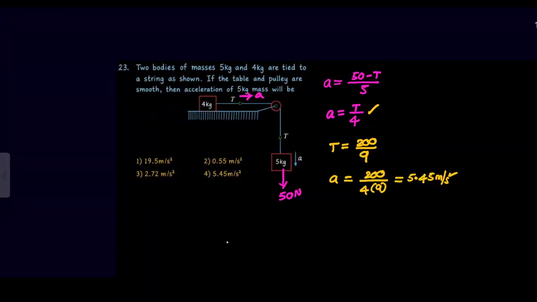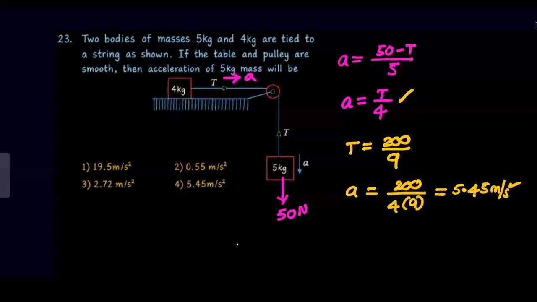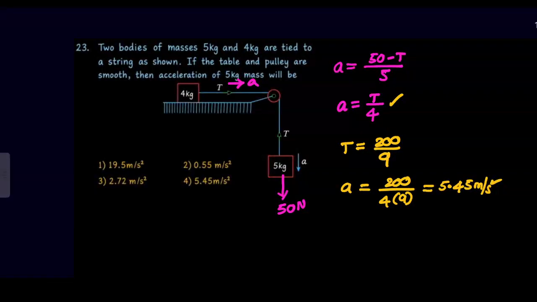But earlier we discussed one simple method. So this acceleration will be equal to what? Net force by total mass. So that is 50. This block's acceleration is in this direction, so these two are in the same direction, that's why 50. But here this weight is in this direction and at 90 degrees, cos 90 is 0.